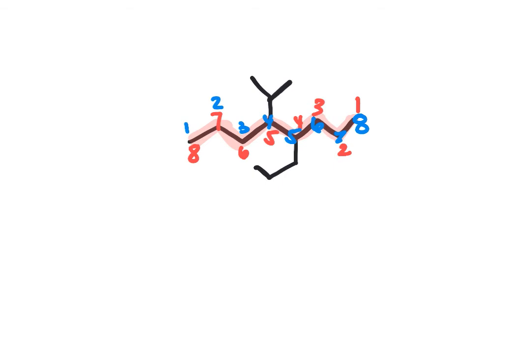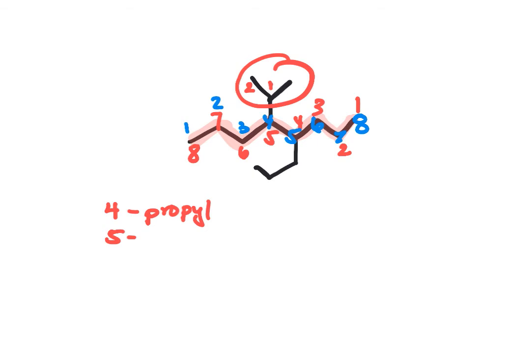For red, we would have on carbon 4 a propyl group, and on carbon 5 a branch substituent right here. There are 2 carbons in the longest chain coming off that branch. So again, this would be a 1-methylethyl group.